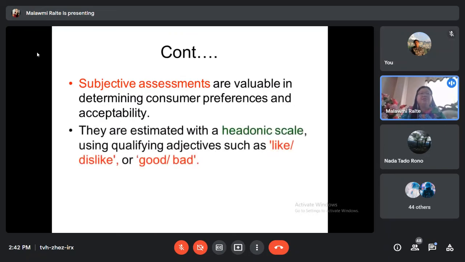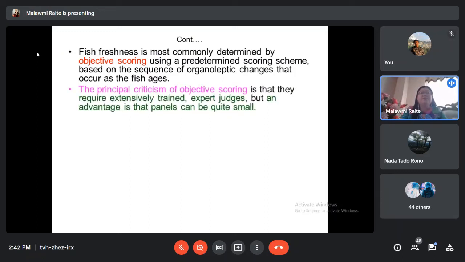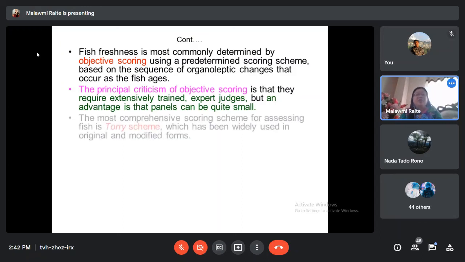Under this, there is a hedonic scale using qualifying adjectives such as like, dislike, good, bad, etc. And in the objective one, freshness is most commonly determined by objective scoring using a predetermined scoring scheme based on the sequence of organoleptic changes that occur as the fish ages. The principal criticism of objective scoring is that it requires extensively trained expert judges, but an advantage is that the panel can be quite small.